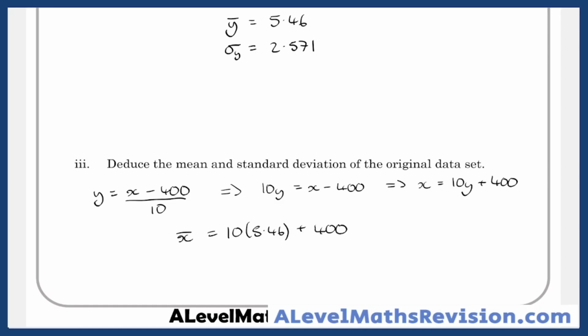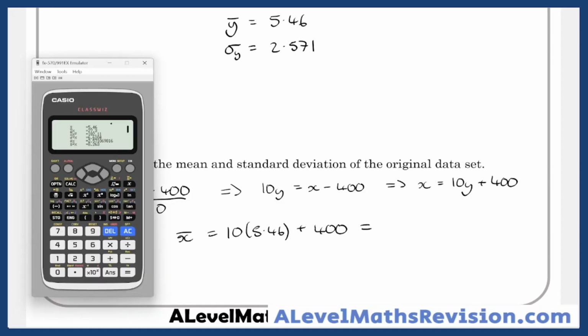So the transformation applies directly to the mean. So let's work that out. So 10 lots of 5.46 plus 400 equals 454.6.